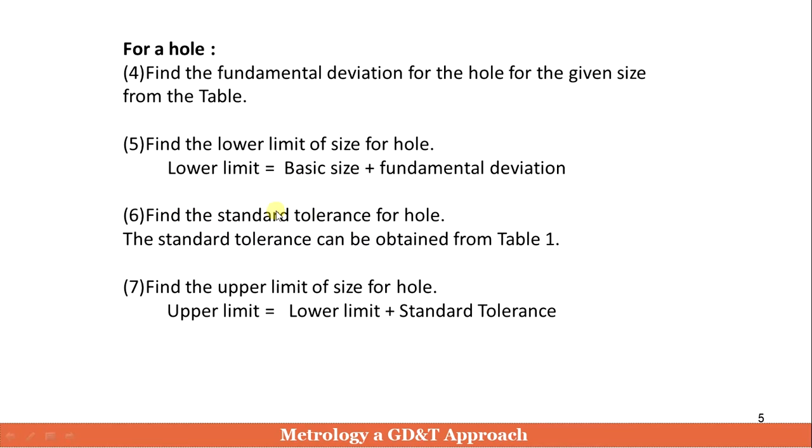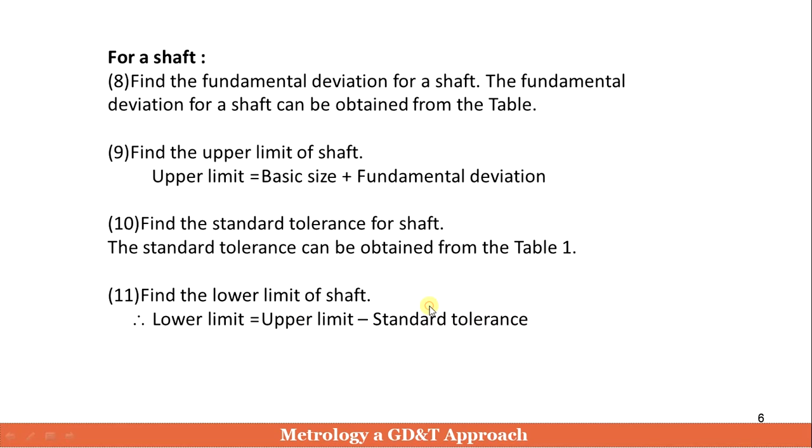Next, find the standard tolerance for the hole, obtained again from the IT grades and fundamental deviation chart. Then find the upper limit of size of the hole: the upper limit is the lower limit plus the standard tolerance.